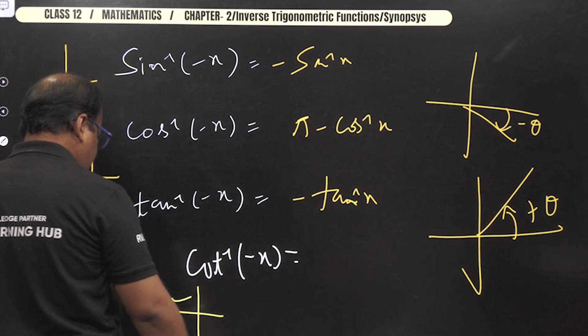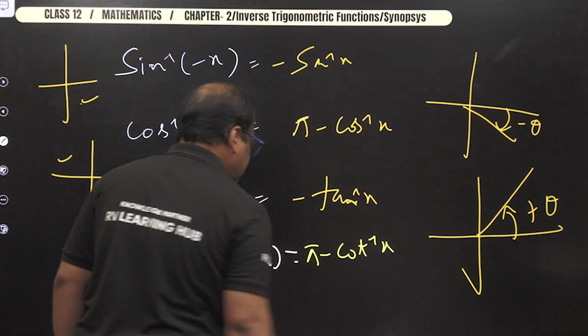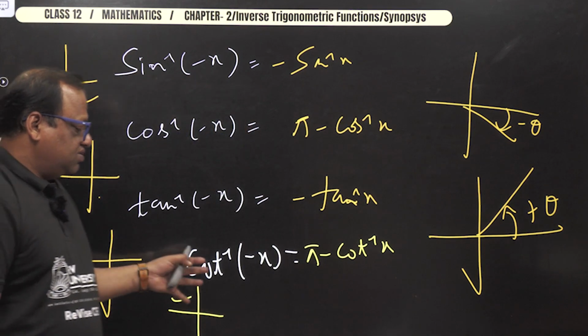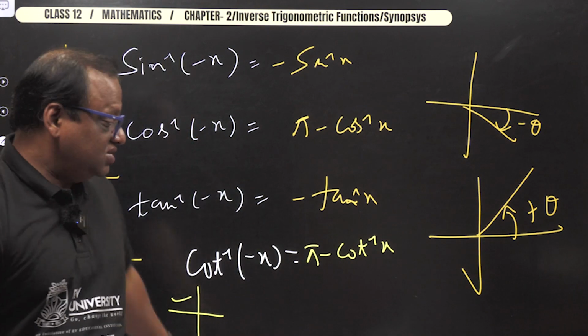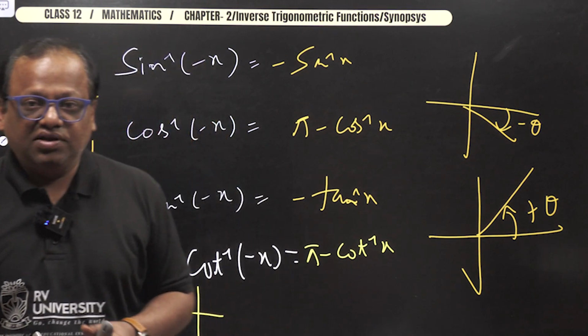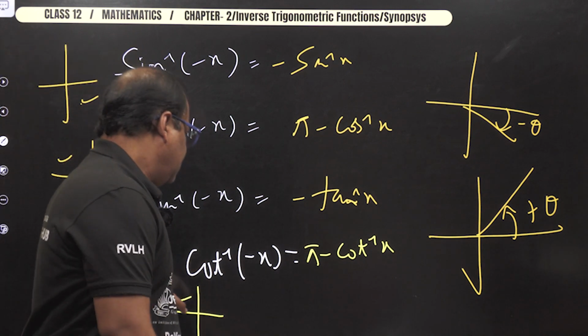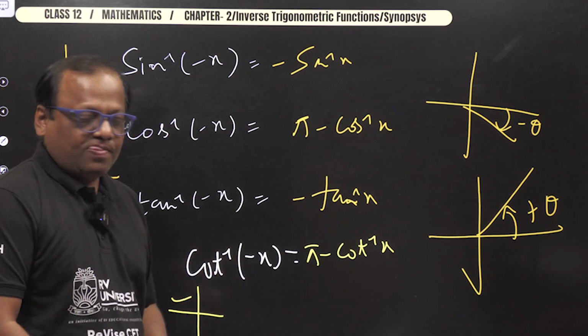Which will give me pi minus cot inverse of x. So that cot inverse of minus x must be bijective. It is bijective only when it is in second quadrant. If you put it in fourth, it will not become bijective. So that is the reason we are putting it in second quadrant.